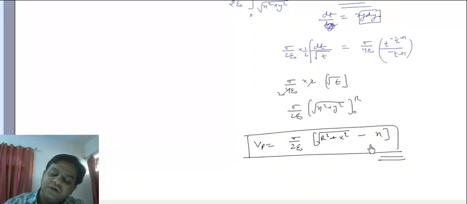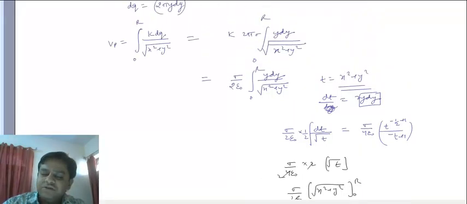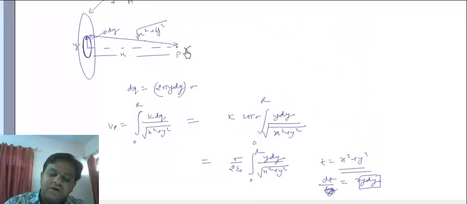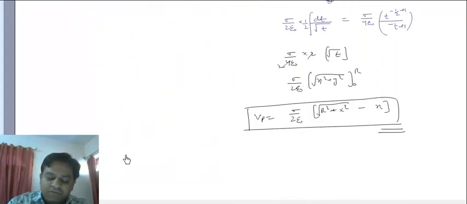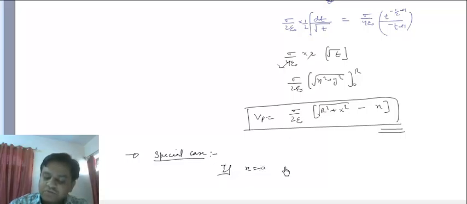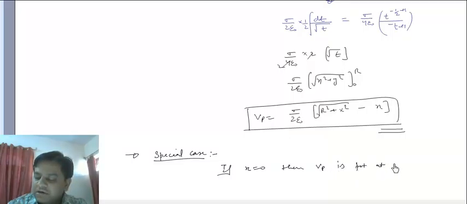So this way we can calculate the potential at any point which is present at the axis of the disk. Like, we can consider one more special case, where if x is 0, then Vp is the potential at the center of the disk, right?